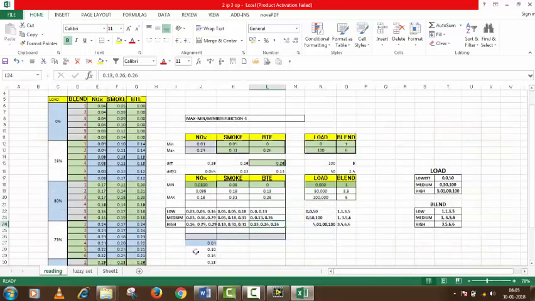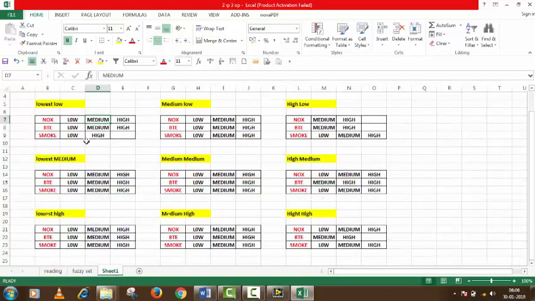Maximum is 15 only, am I correct? It lies in the range of 0.05 to 18. Low will be there, medium will be there, but high will not be there, because it starts from 0.18. We don't have any value of 0.18 or greater, so automatically low will be there.